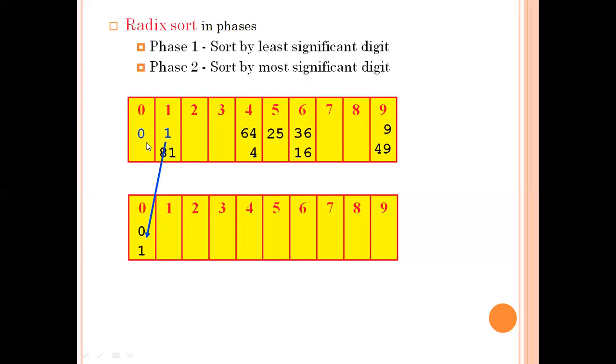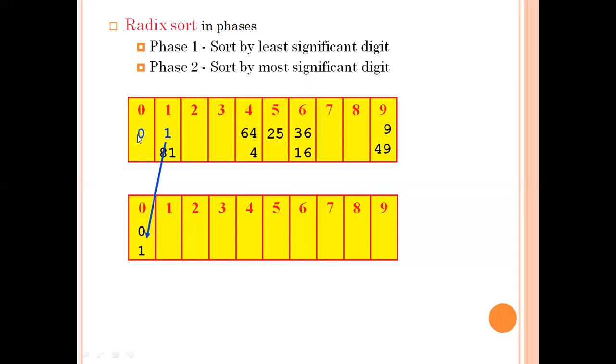So again, this one will come here. This is the list we have from phase 1. So 1 will come here. Why? Because its most significant digit is 0. And 0 will be here because all the place values are 0.